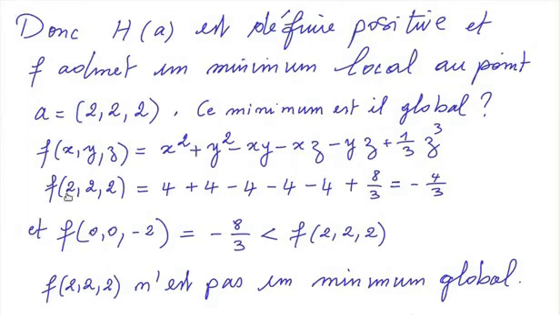We have the value of the minimum, F of A equal to minus 4/3, and if we calculate the value of F at the point (0, 0, minus 2), we find minus 8/3, which is less than the image of A, and consequently this minimum is not a global minimum.